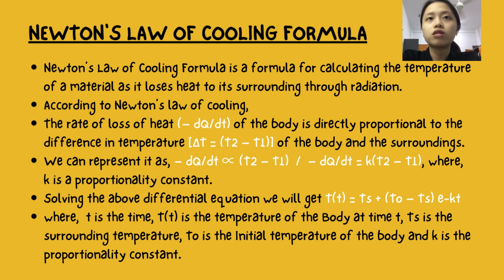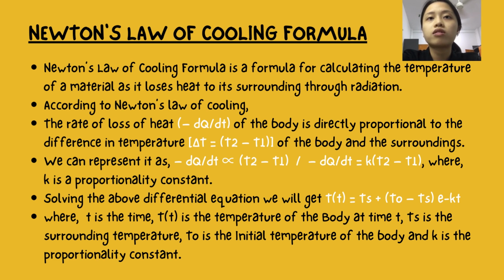Next, I will be talking about the Newton's law of cooling formula. It is a formula for calculating the temperature of a material as it loses heat to its surroundings through radiation. According to Newton's law of cooling, the rate of loss of heat, negative dQ over dt, of the body is directly proportional to the difference in temperature, T2 minus T1, of the body and the surroundings.